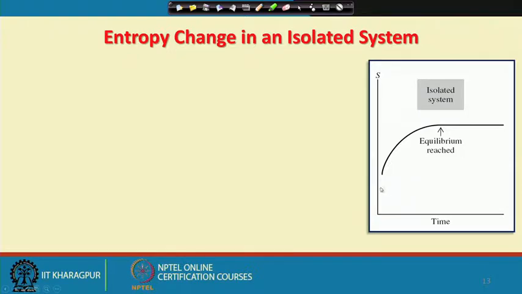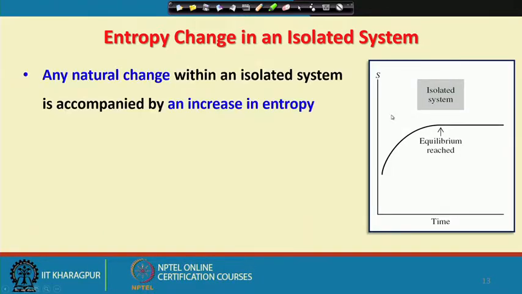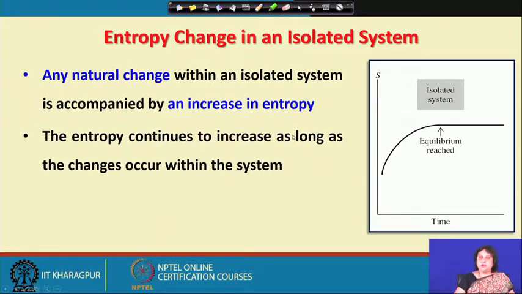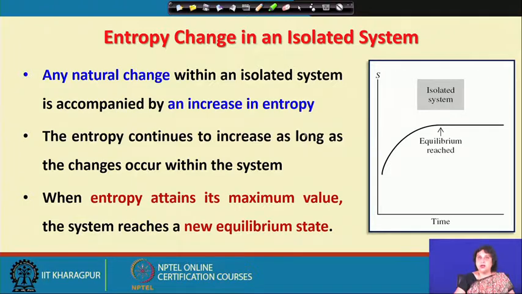As you see, in the direction of spontaneous change in state, it is going towards a maximum value. And of course, this is the direction of any natural change, and the entropy would continue to increase as long as the changes occur within the system.